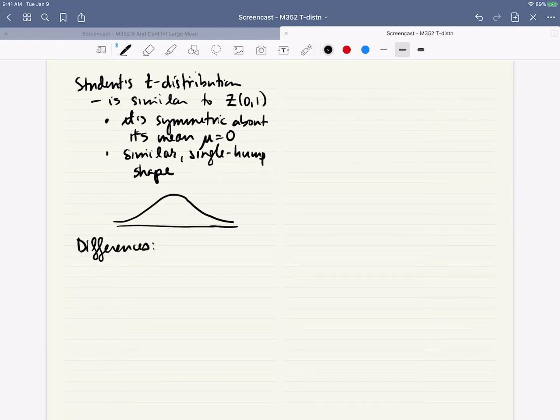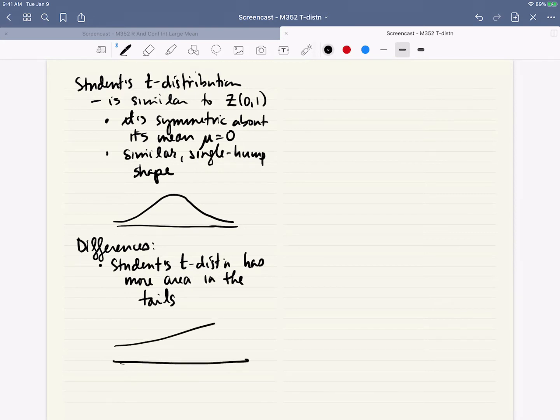So what are some of the differences? The student t has more area in the tail. So if we were looking in the tail and we had the graph of the normal, the graph of the student t would be a little higher. There's more area out there in the tails.